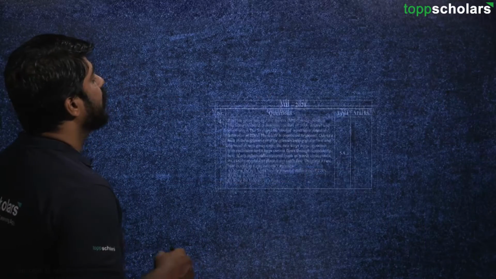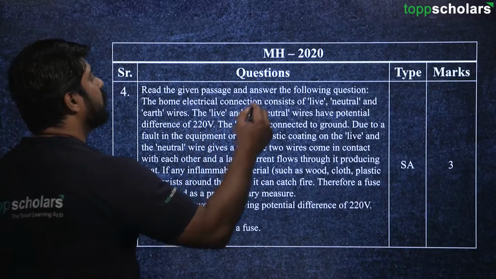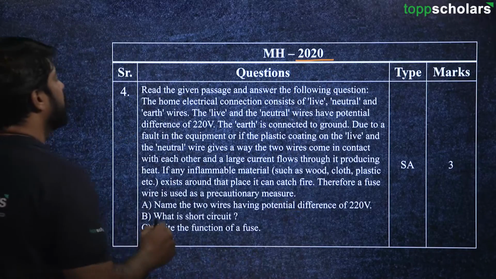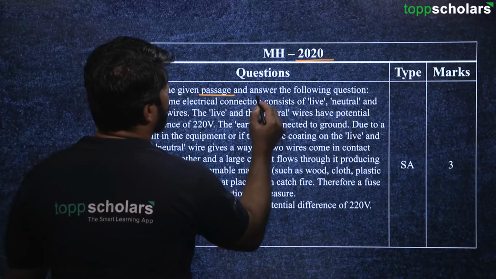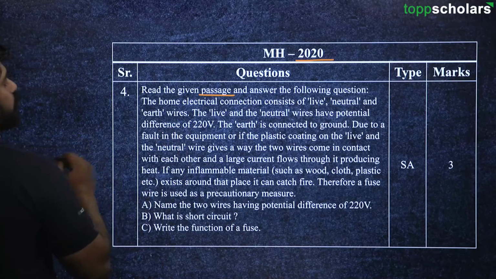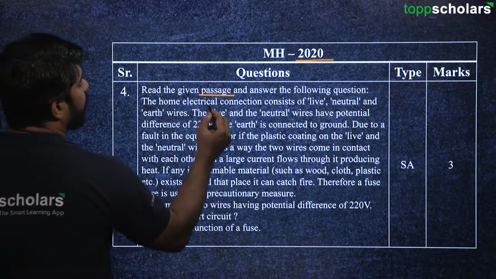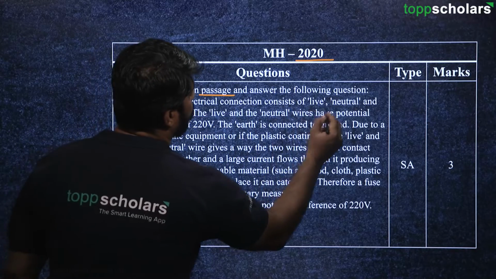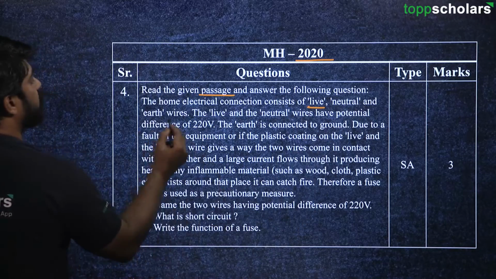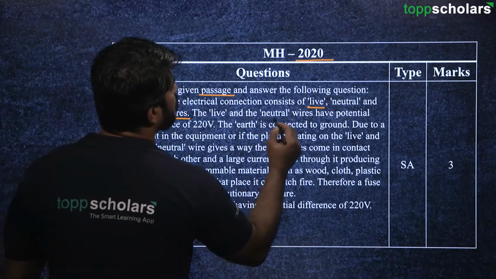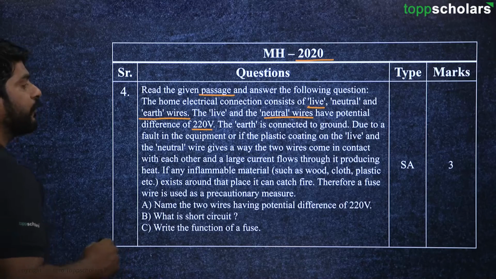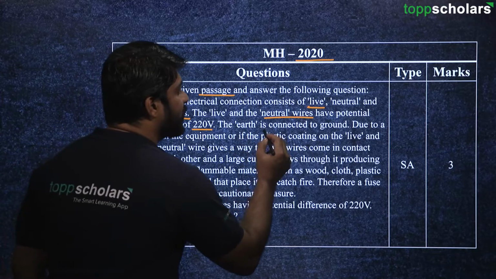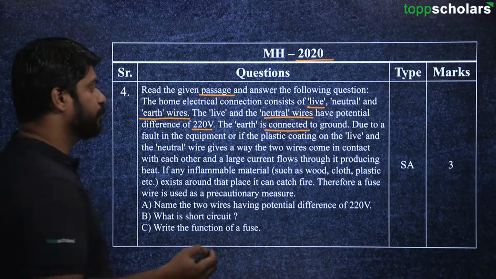Moving on to the next question, again from the same year 2020. Read the given passage and answer the following questions. The home electrical connection consists of live, neutral and earth wires. The live and the neutral wires have a potential difference of 220 volt. The earth is connected to ground.